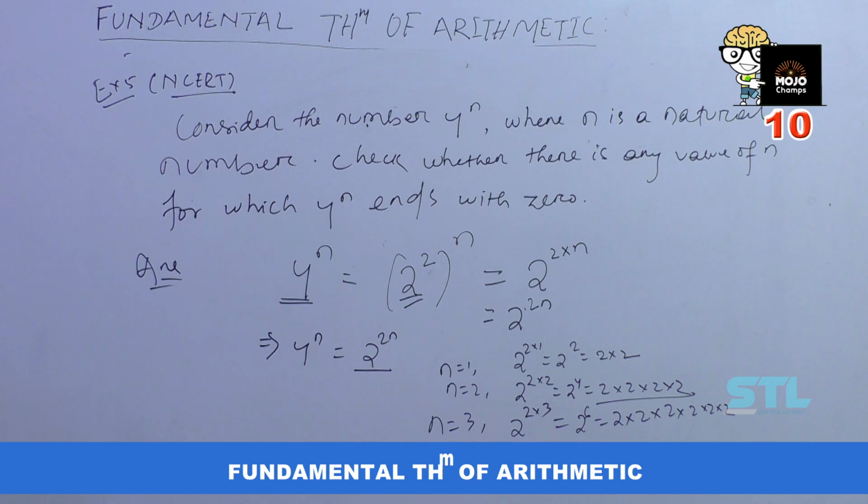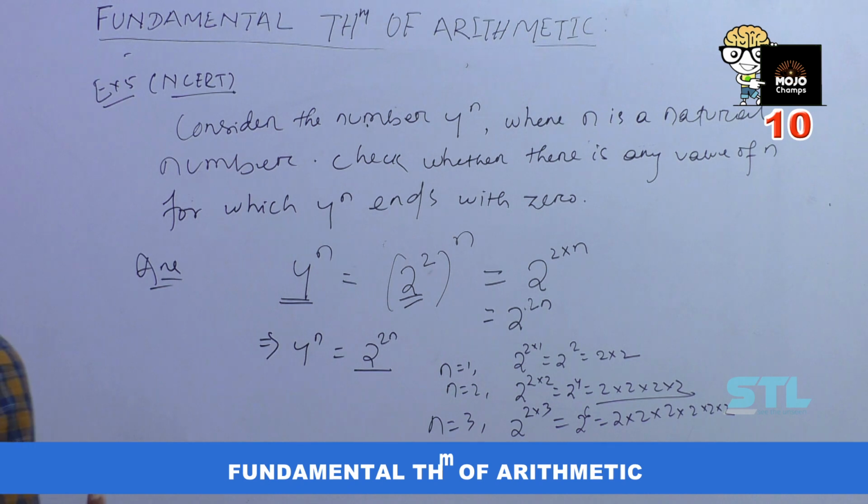When 2 is multiplied again and again, it will never end with 0. That means the unit digit will never be 0. So simply you can tell there is no value of n for which 4 to the power n ends with 0.